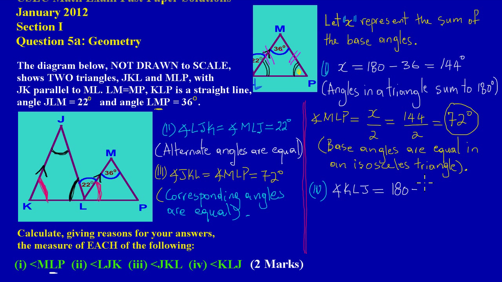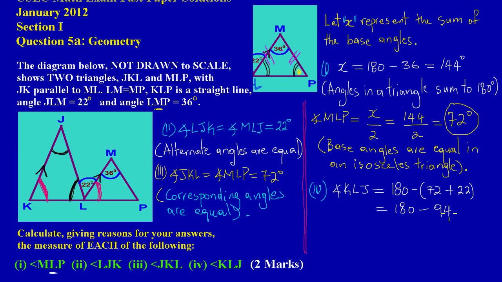So what I'm going to be doing, I'm going to be subtracting. I got this angle here to be 72, if you remember in part 1 when we worked that out. So I'm going to say 72 plus, and we got this angle here, they gave that to us, and that is a 22. Okay, so really angle KLJ is equal to 180 minus, and 72 plus 22, that will give us a 94.